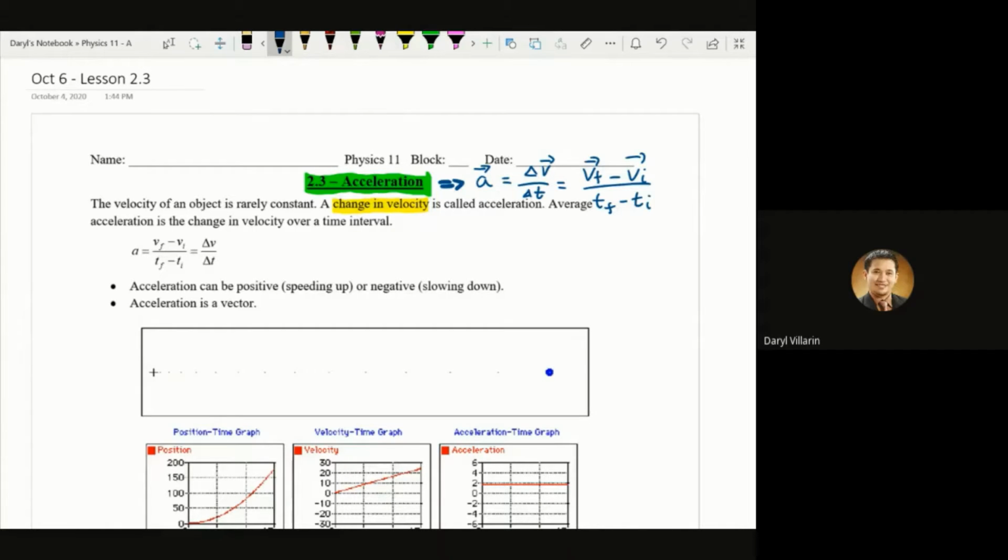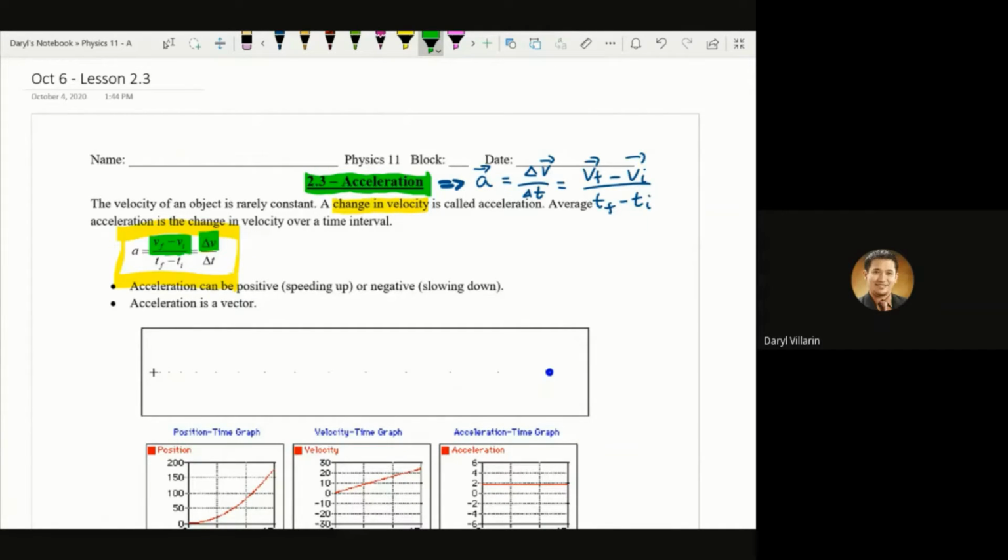So again, in our case, we'll just be talking about average acceleration, because the formal definition of instantaneous acceleration is the derivative of the velocity with respect to time. But again, we can just use this basic definition. And the important quantity there is that there must be a change in velocity.